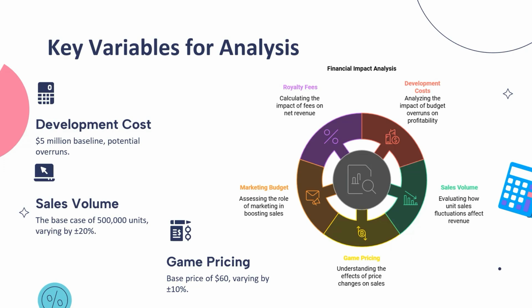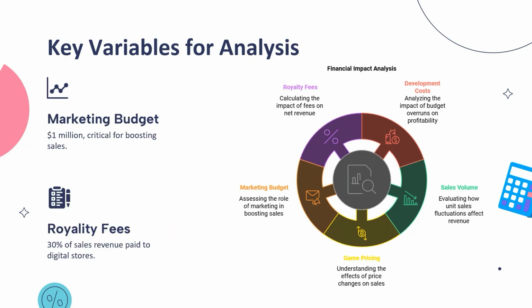All right, next we're going to look at our marketing budget. Our marketing budget is $1 million, critical for boosting sales. You have to have a marketing team in order to advertise so people know that this game is out there. You have to spend money. You're going to be putting ads on different social media platforms.